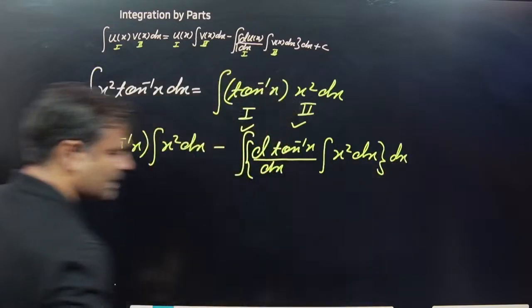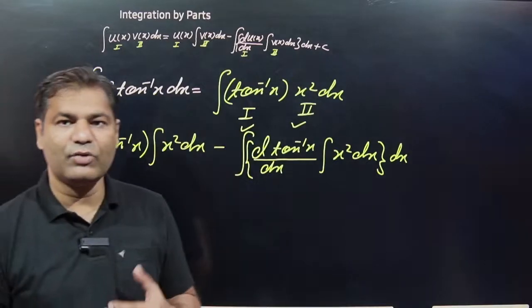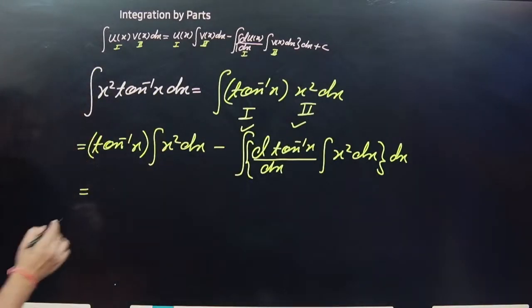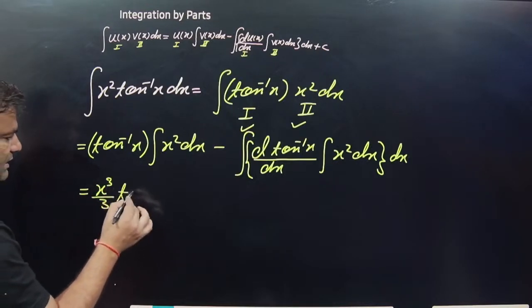Clear? Look here, integration of x square, how much? x cube by 3. So this one is written x cube by 3 into tan inverse x.